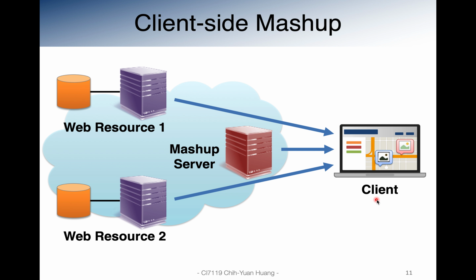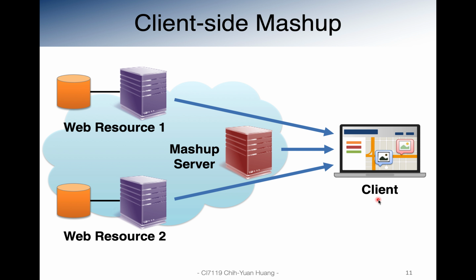Please think about the advantages and disadvantages of the server-side mashup and client-side mashup. You can think about it from the performance point of view, or requirements point of view, or loading point of view. Also you can think about it from the communication model point of view.